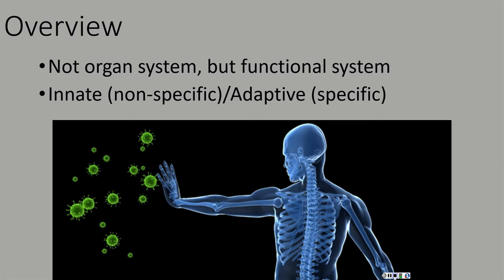So innate just says, this looks like something that could potentially make me sick. We're going to get rid of it. Adaptive says, this looks like flu type H1N1 of a certain strain. And it will make sure that we don't get sick from that. So they function very, very differently.